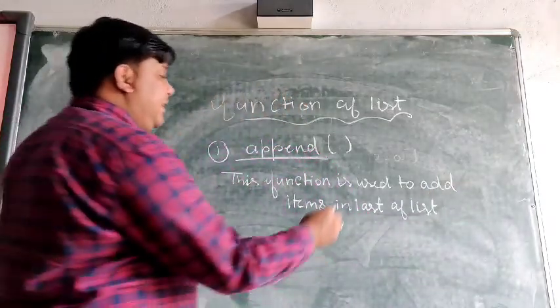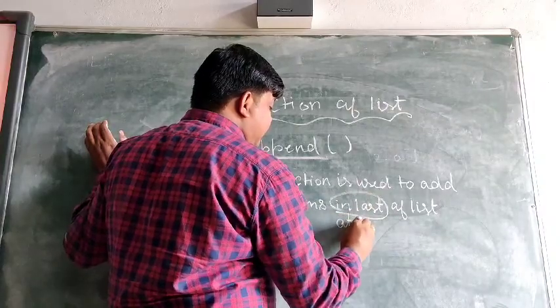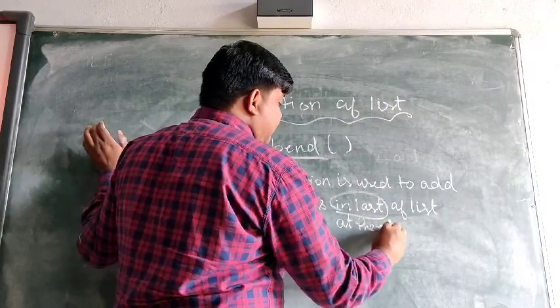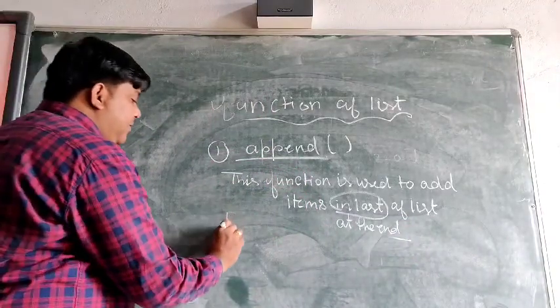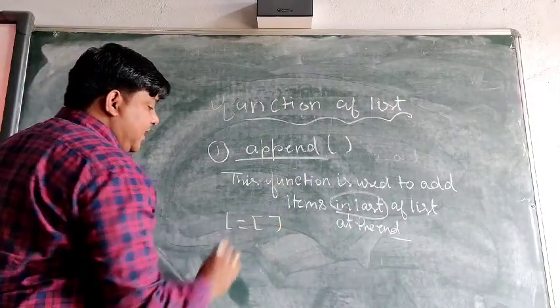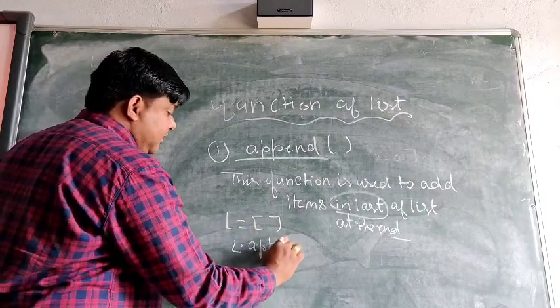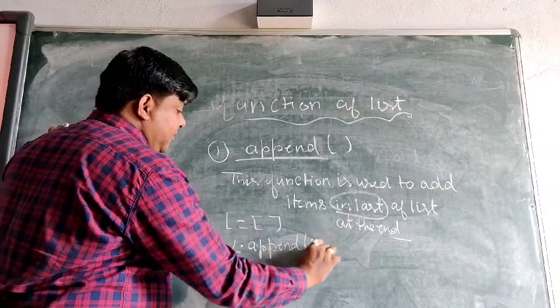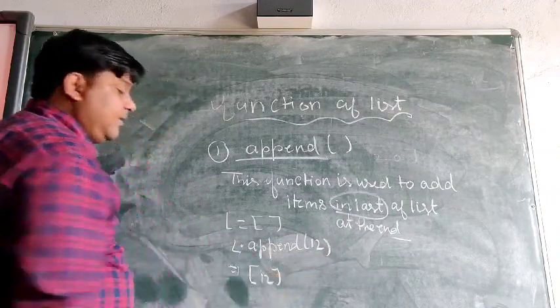We can say it is used to add the items at the end of the list. For example, suppose you have created the empty list L is equal to this, and you have written here L dot append 12. So what will be the list? The list will be 12.